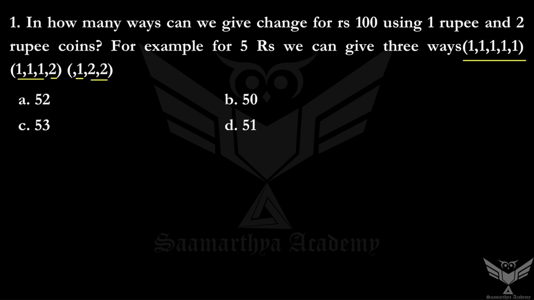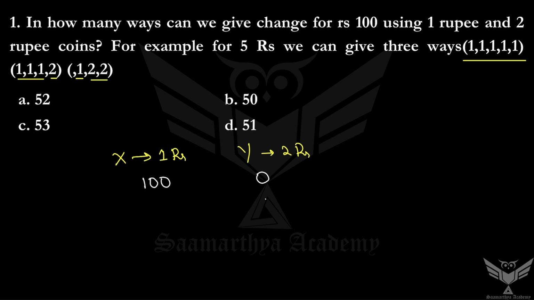Now if I take X as 1 rupee coin, and Y as 2 rupee coins, how many different ways can I arrange this? I can take all 100 coins of 1 rupee, then Y will be 0.